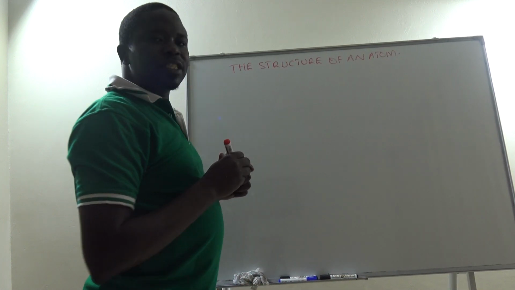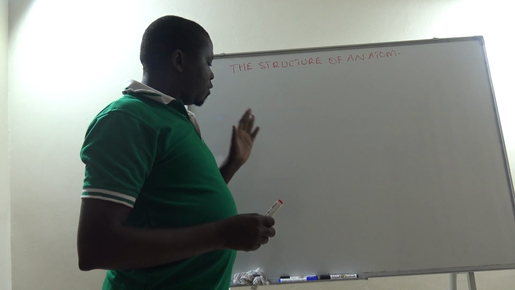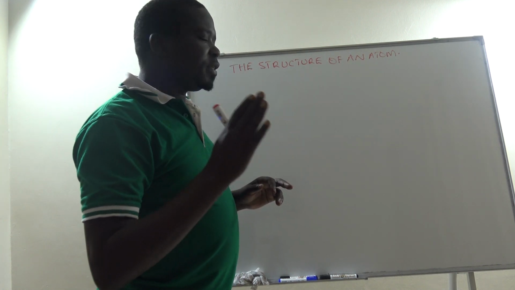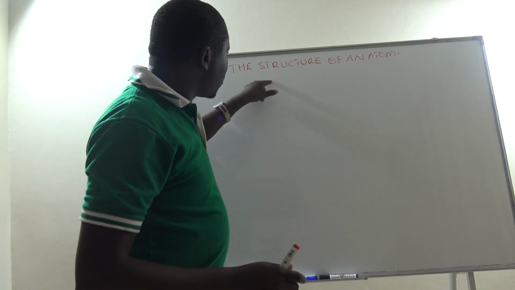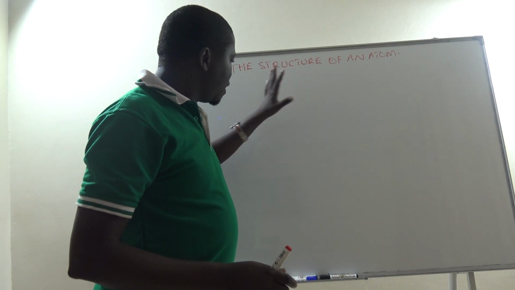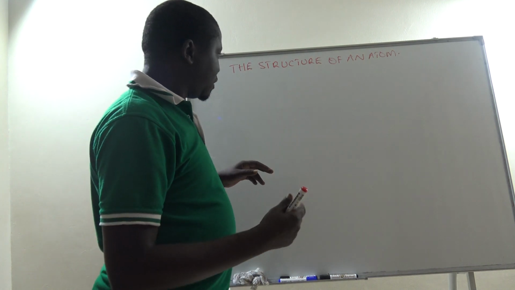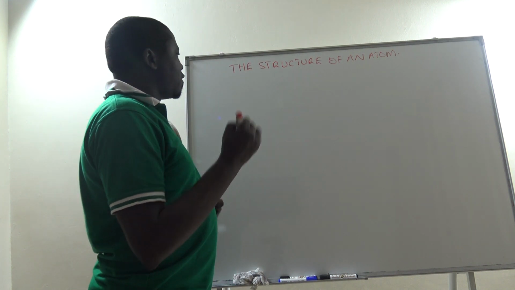In this case, you must know that they can ask you to describe the structure of an atom with the aid of a label diagram. So we are going to draw, and then we also try to see how we can describe it using words. So let us look at the structure of an atom.